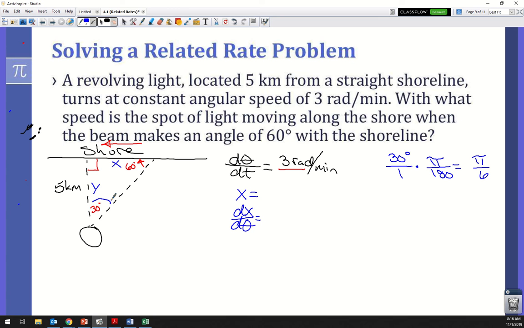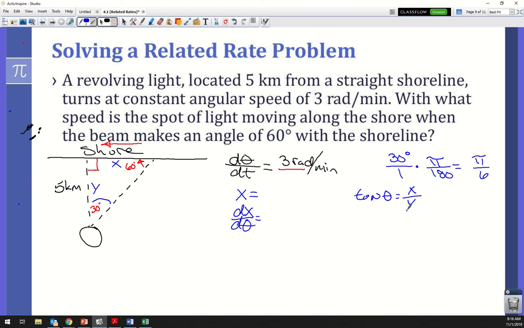So I'm going to have tangent of my angle, which in this case is theta, is equal to x over y. Like I said, I'm going through and trying to solve a bunch of stuff.